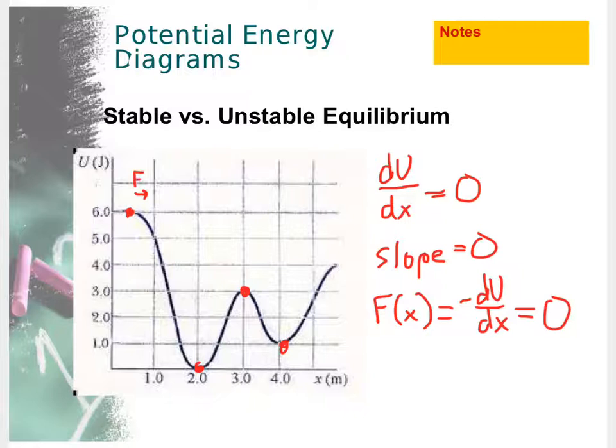Remember, our force is always pushing it toward a lower potential energy. But as I go a little bit further over, that force is going to get greater and greater, and here it's just going to be huge, until it gets down to here, where the force is going to equal 0.